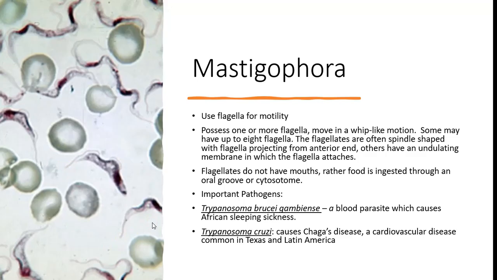We're going to talk about just two. The first one is the Trypanosoma brucei gambiense, which is going to cause African sleeping sickness, whereas Trypanosoma cruzi causes Chagas disease, which is a cardiovascular disease. So the trypanosoma have several pathogens for them, and they are flagellated, as you can see right here.